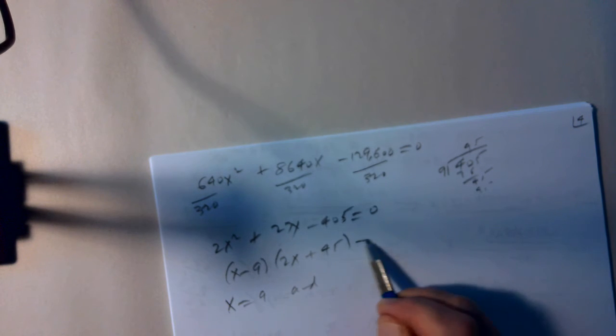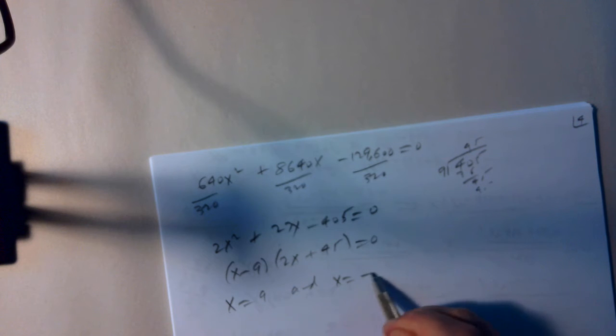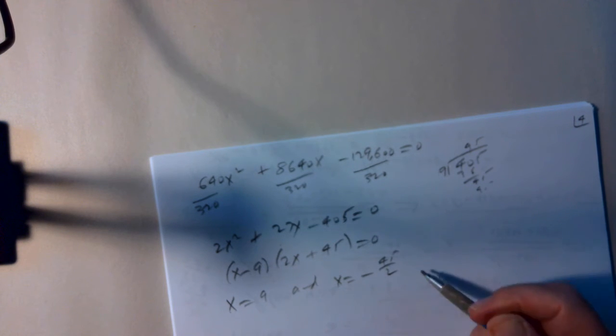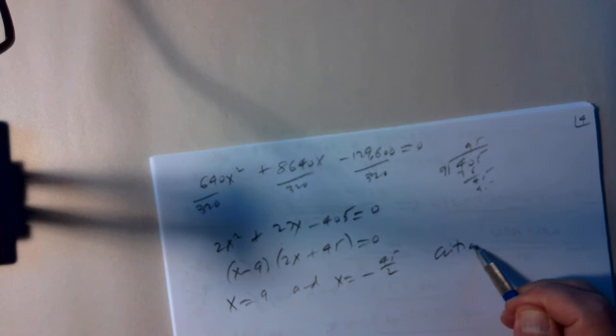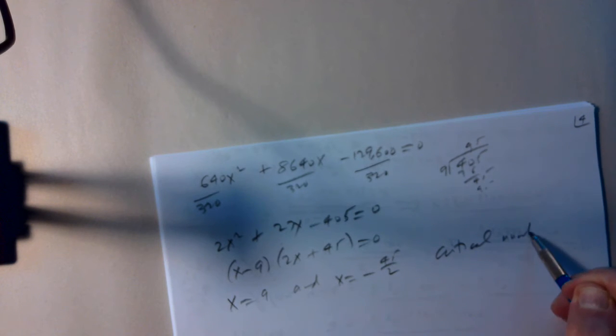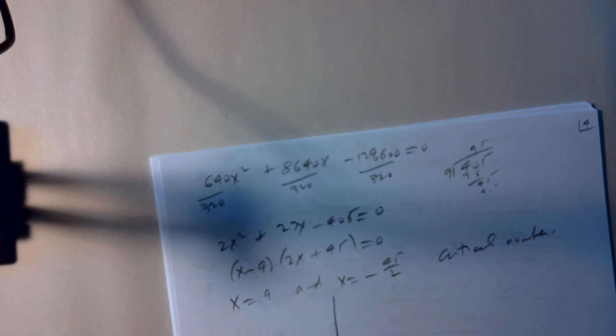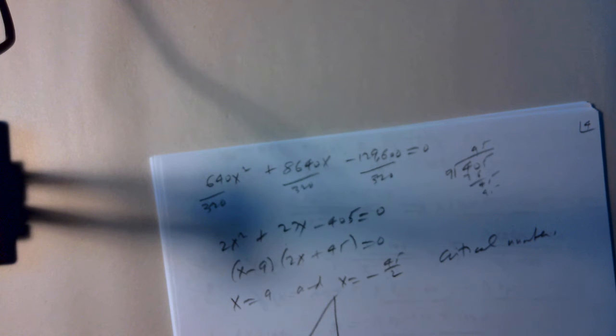And when is this equal to 0? x equals minus 45 over 2. These are the critical numbers. And remember what the problem is. We have these two towers and we want to find an x between 0 and 30 that minimizes the lengths of these two wires.